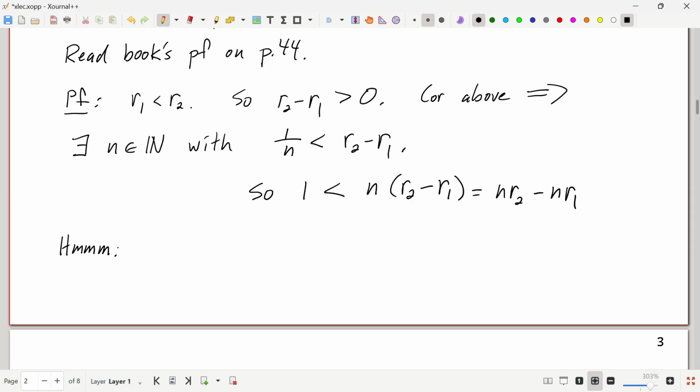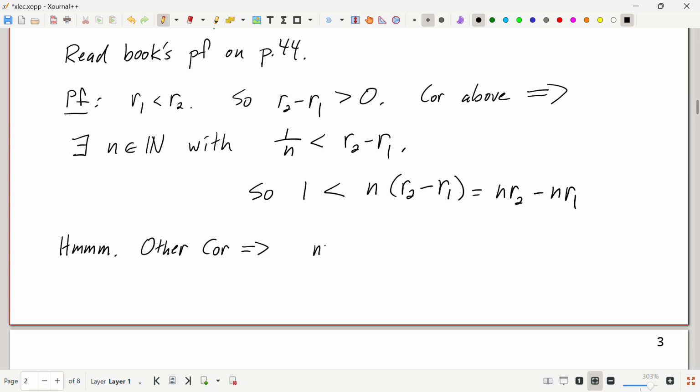My other corollary implies, I'm going to apply it to n times R2.